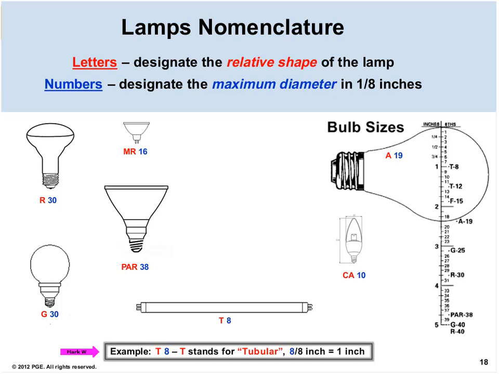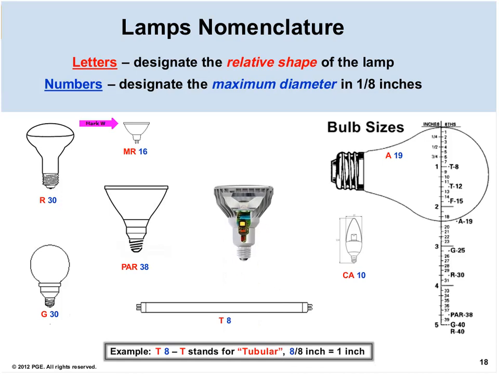But when you get into reflector lamp, which is what the R stands for, an R30 is going to be 3 3/4 inch for its maximum diameter. An MR16, multifaceted reflector, is going to be 16/8 or 2 inches in diameter, and so on.